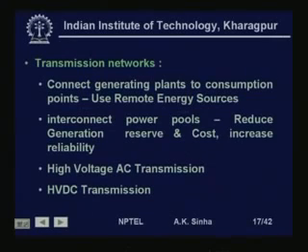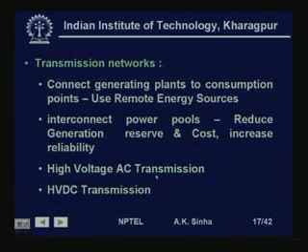So we had connected various states, so interstate transmission was used, and this we call interconnecting of power pools. Two power pools are interconnected. When one is in deficit, another one has some power to share, it can share it through the transmission system. This is generally done to reduce generation reserve as well as cost and increase the reliability of the system. We will talk about some of these later.